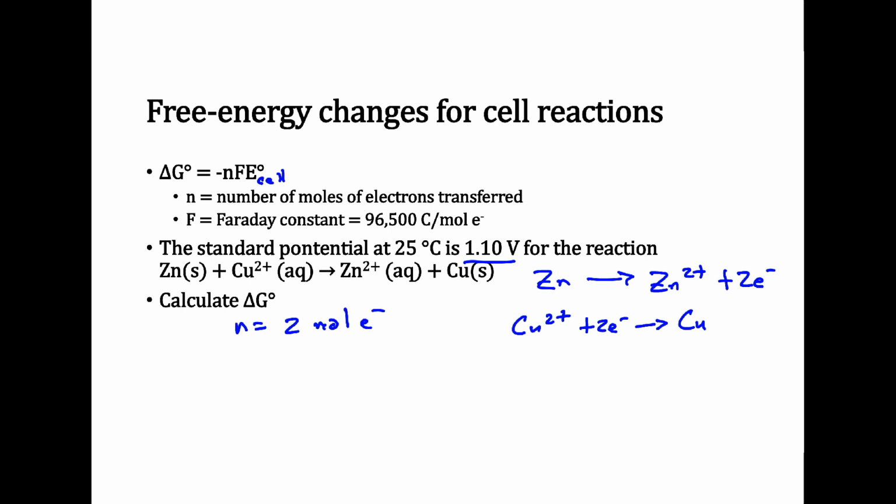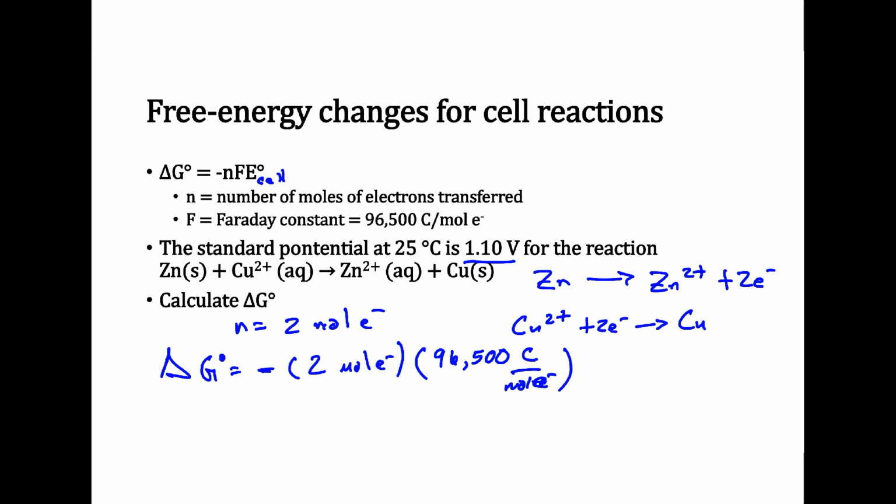All right, so let's go ahead and start to plug in. Delta G is equal to negative n, which is 2 moles of electrons, times F, which is 96,500 coulombs per mole of electrons, times E, which was given to us, 1.10 volts. You may be given a problem where you actually have to find E for this reaction.